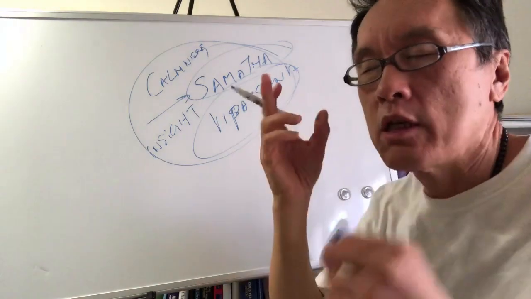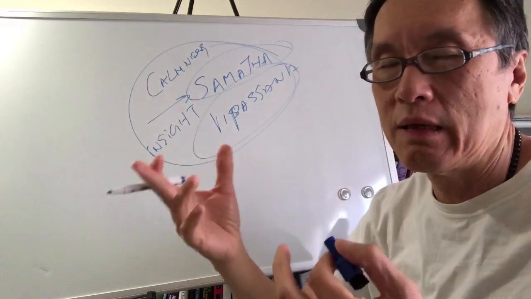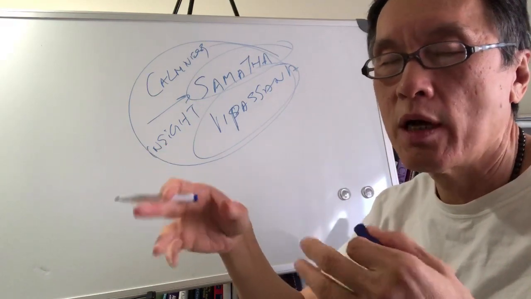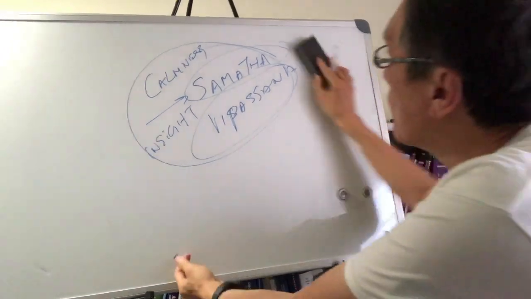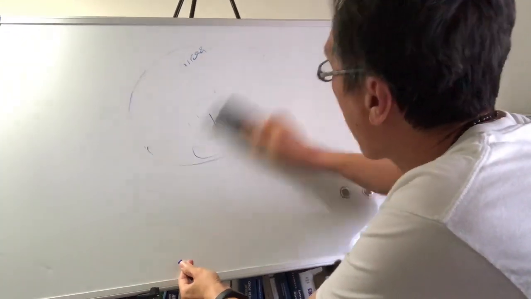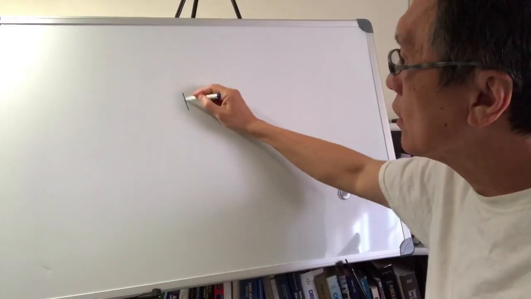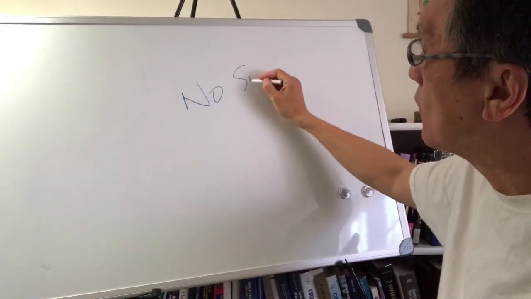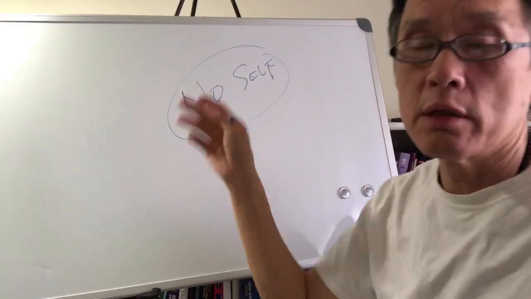And there is one key concept, or key reality, which the Buddha taught: the reality of no self, or in other words, the self is impermanent.